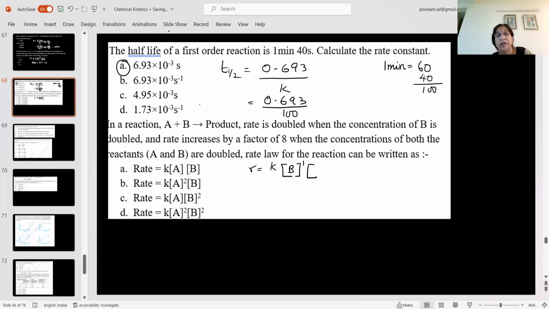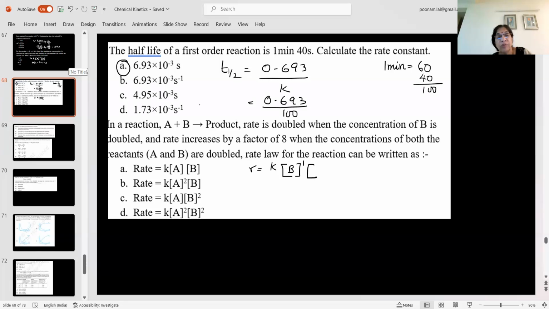And the rate increases by a factor of 8 when the concentration of both the reactants A and B are doubled. So what is the rate law?